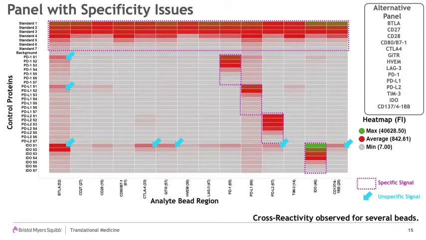However, under our assay conditions, with this kit, we also observed significant cross-reactivity with several beads, which means a signal is showing up in a channel where you would not expect it. See the blue arrows, which ultimately means that we couldn't be confident this particular multiplex would faithfully detect the independent checkpoint analytes in our patient samples.